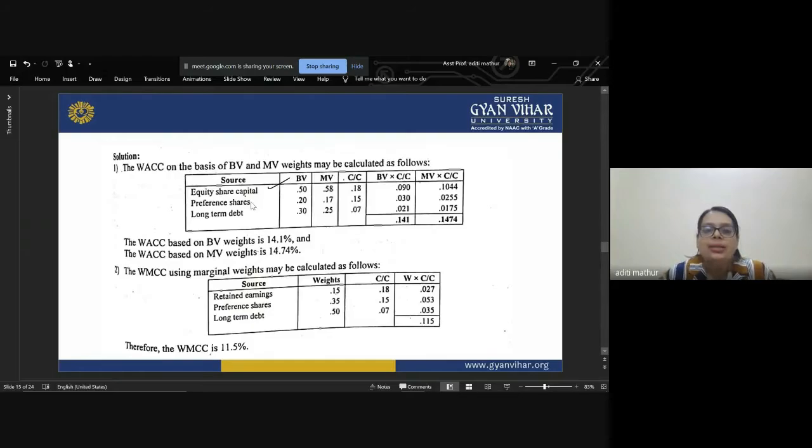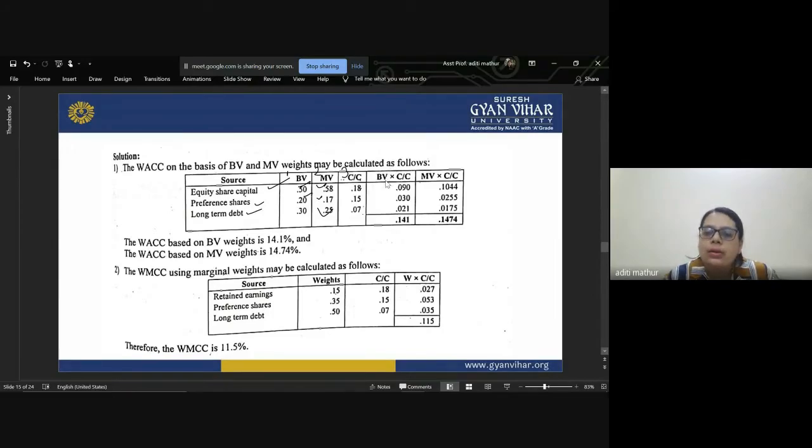We have sources: equity share, preference share, long-term debts, the book value weights, the market value weights, and then the overall cost of the different associated sources. Let us number them 1, 2, 3. We have to calculate it on the basis of book value and the market value.